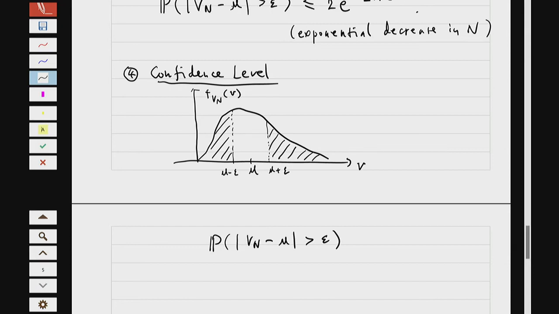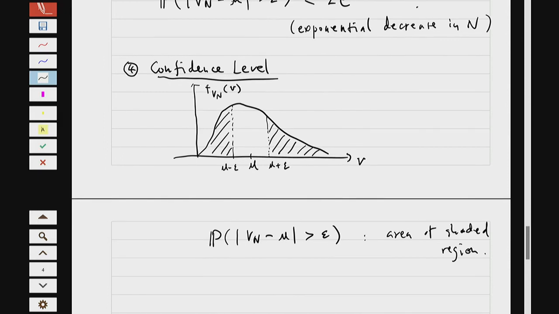This is the area of the shaded region. We're going to give it a name, we call it delta.